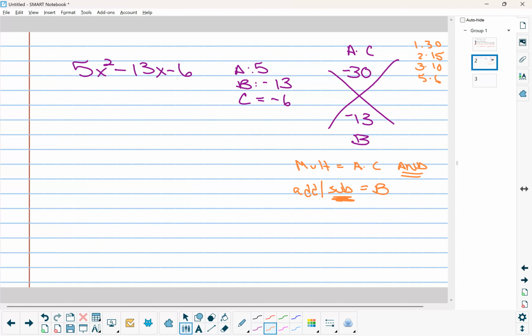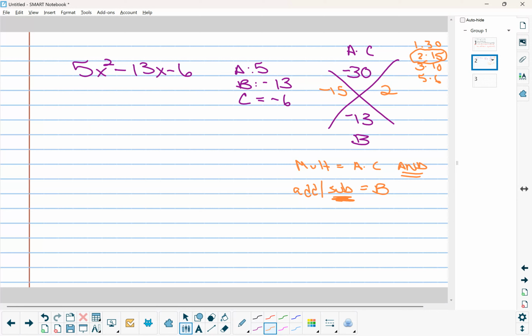Because we have 2 things here that could be 13. 3 and 10 are 13, well 2 and 15 are also 13, but if we're subtracting them, the only option here is the 2 and the 15. So negative 15 plus a 2 is the only possible way to make this happen, right? A negative times a positive is a negative, and negative 15 plus 2 is negative 13. The 3 and the 10 would not work.